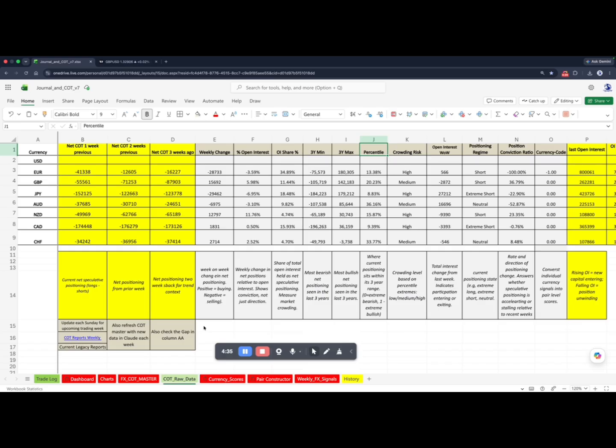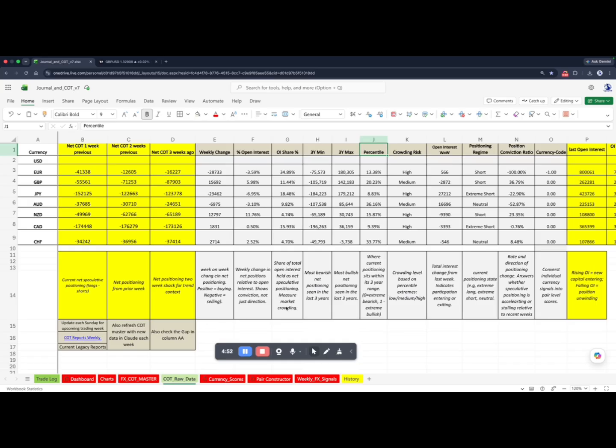Not for an entry signal, like I said, this isn't sexy, but it's important to know where the volume of data is pointing and suggesting.